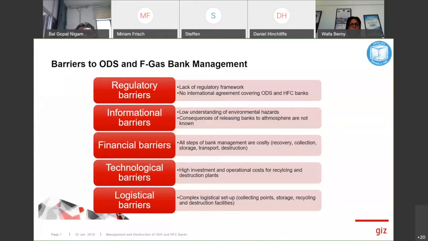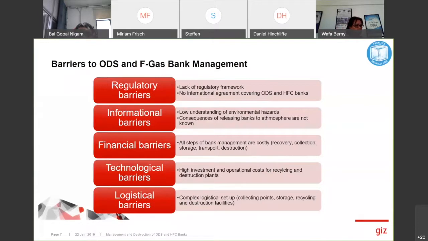There is actually no international agreement or convention covering ODS and HFC banks. These substances are controlled in the Montreal Protocol context, but here only production and consumption are regulated and not the waste management part. Because of this, many countries also lack national legislation regarding this topic.